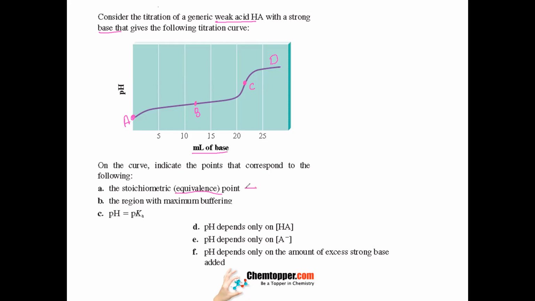Yes, the C point. When you see the sudden jump in the pH, it means the acid is neutralized and you are getting the base. Okay, I'm highlighting two lines. One is this one, up to here. The other one is this.